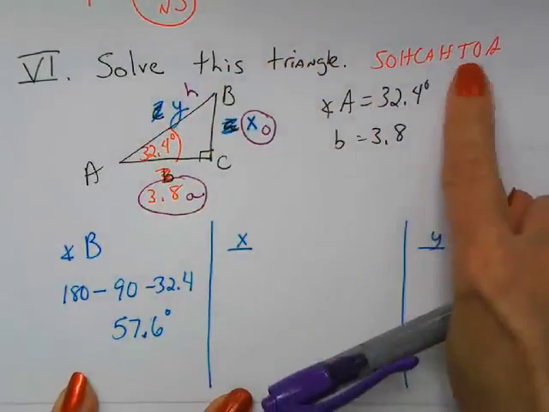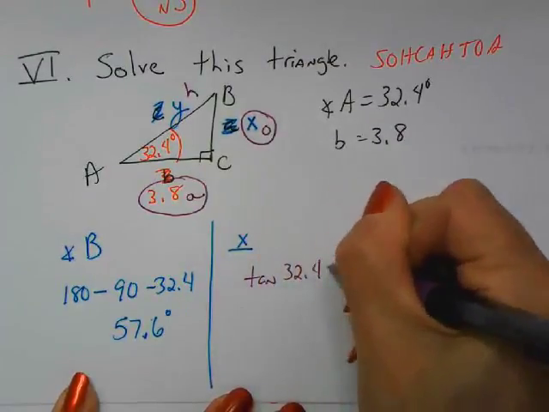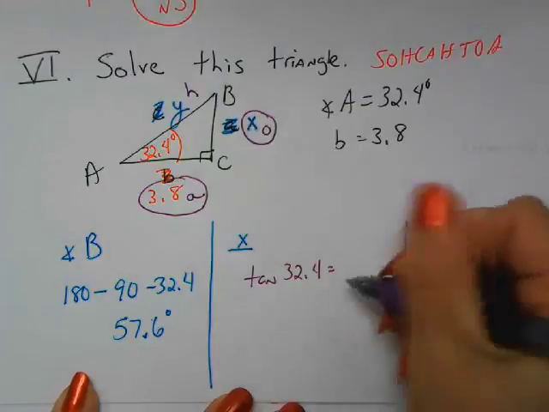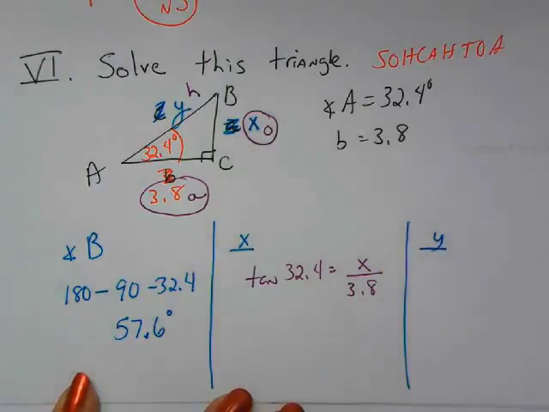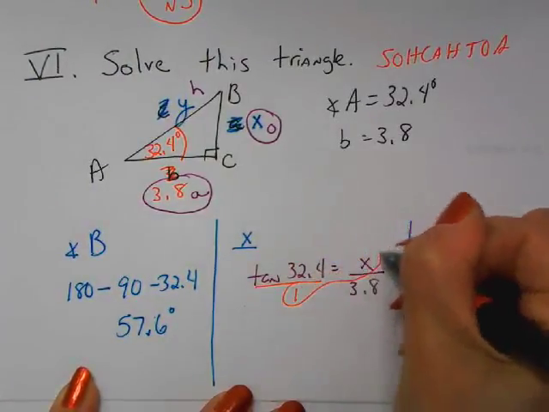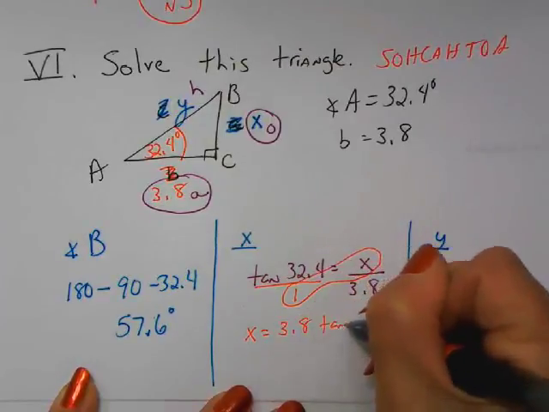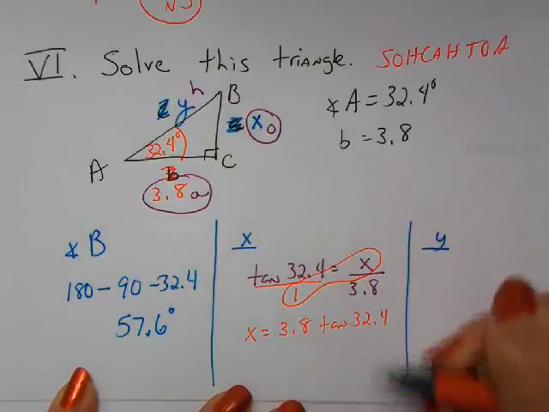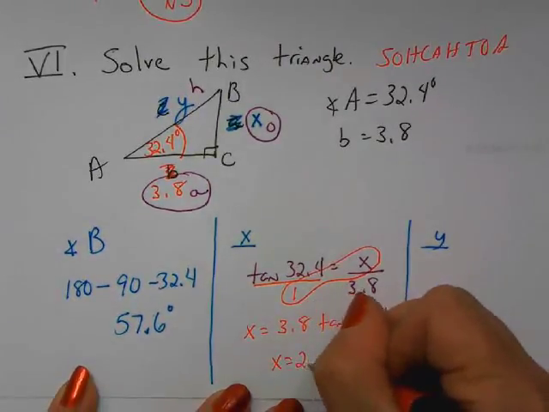Opposite and adjacent is tangent. And tangent wants O over A, so X over 3.8. If you remember, we always put a little 1 under here and we cross multiplied. So I got X is equal to 3.8 times the tangent of 32.4. And when you type that in your calculator, you get 2.4.